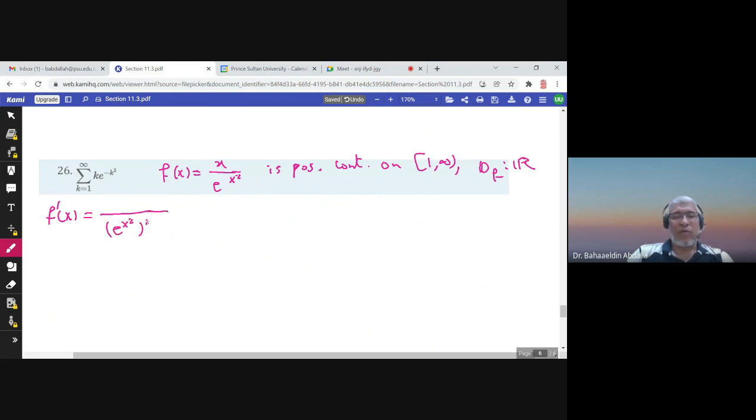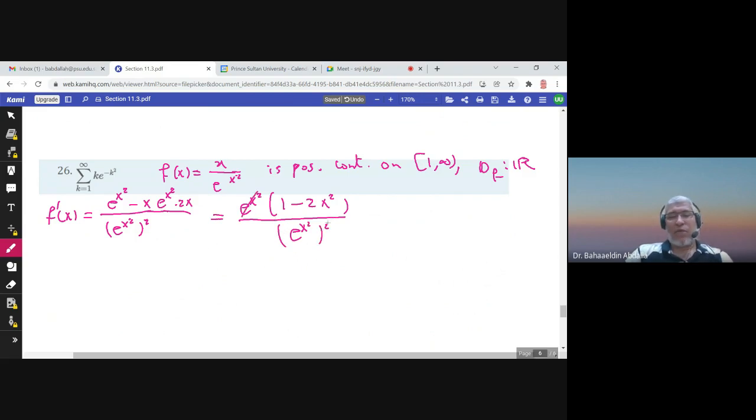Again, I'm going to use the quotient rule. Derivative of x is 1 times e to the x squared minus x times the derivative of e to the x squared, which is e to the x squared times the derivative of x squared, which is 2x. Well, I can take e to the power x squared as a common factor, and I'll have 1 minus 2x squared over e to the x squared to the power 2.